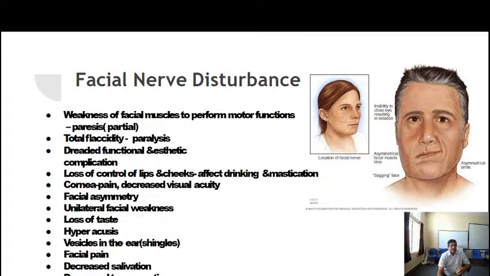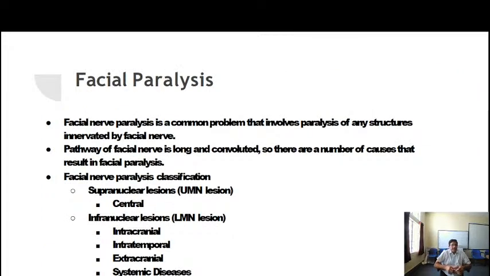So these are the various presentations, and facial paralysis is usually classified as central and supranuclear, wherein there is an upper motor neuron lesion, as I told you, from the cerebral cortex to the nucleus. From the nucleus, the intracranial part, the intratemporal part, and then the intratympanic part, intramastoid part, and extracranial are the ones wherein there is a lower motor neuron lesion.